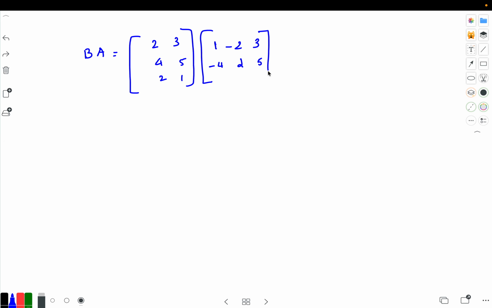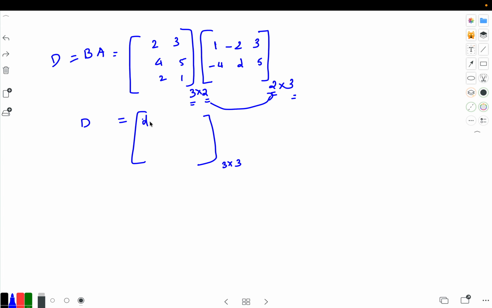To find BA, let us consider this as D. First we write the order of the matrices, 3 by 2 and 2 by 3. Next, check whether the number of columns in B is equal to the number of rows in A. These two are equal, so the resultant matrix D has order 3 by 3.